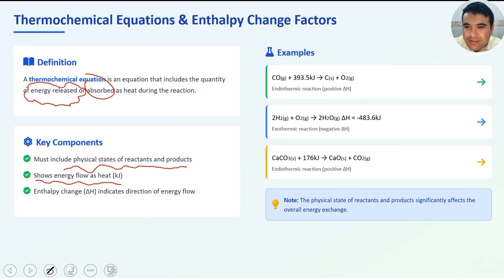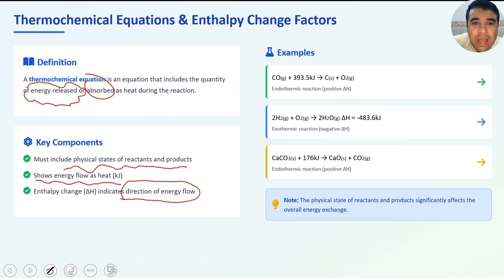An enthalpy change indicates the direction of energy flow in the equations. We have two ways to read the enthalpy through the thermochemical equations to determine whether it's exothermic or endothermic.